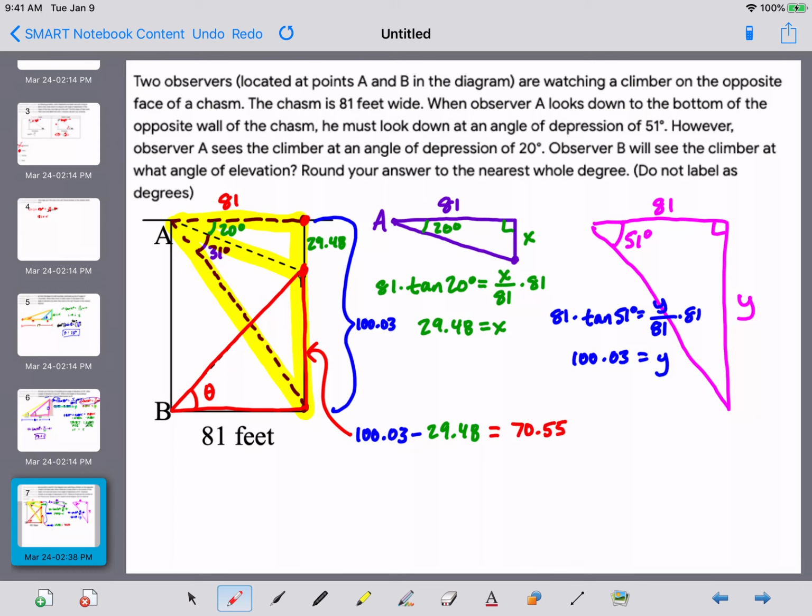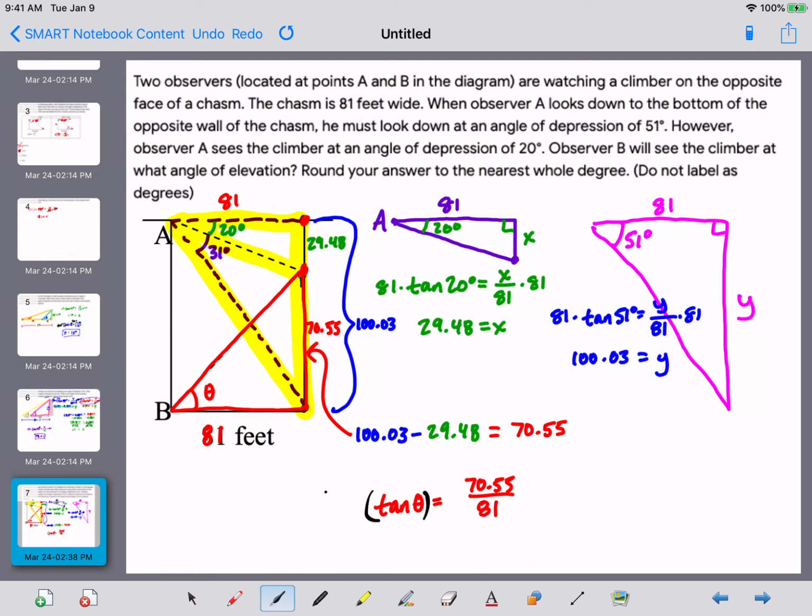All right, so we're almost to where we need to be. Now that I know this is 70.55, I can find theta because I have opposite and I know the adjacent is here, 81 feet. So I'm going to say tangent of theta equals opposite, 70.55, over adjacent, 81.